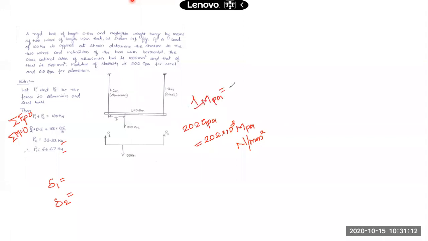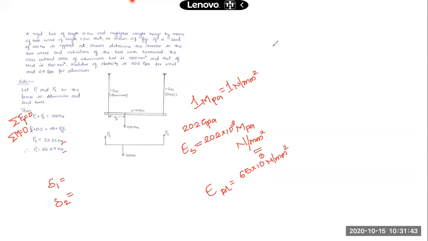That is for stress. I just converted gigapascal to megapascal, into 10 raised to 3. That itself is Newton per mm square. So these are the modulus of elasticity for steel, and for aluminum it will be 65 into 10 raised to 3 Newton per mm square.